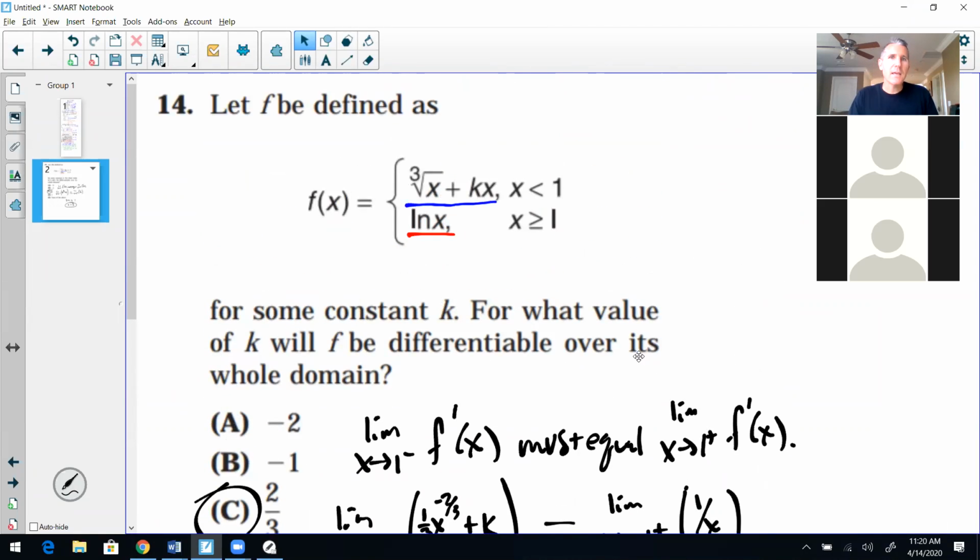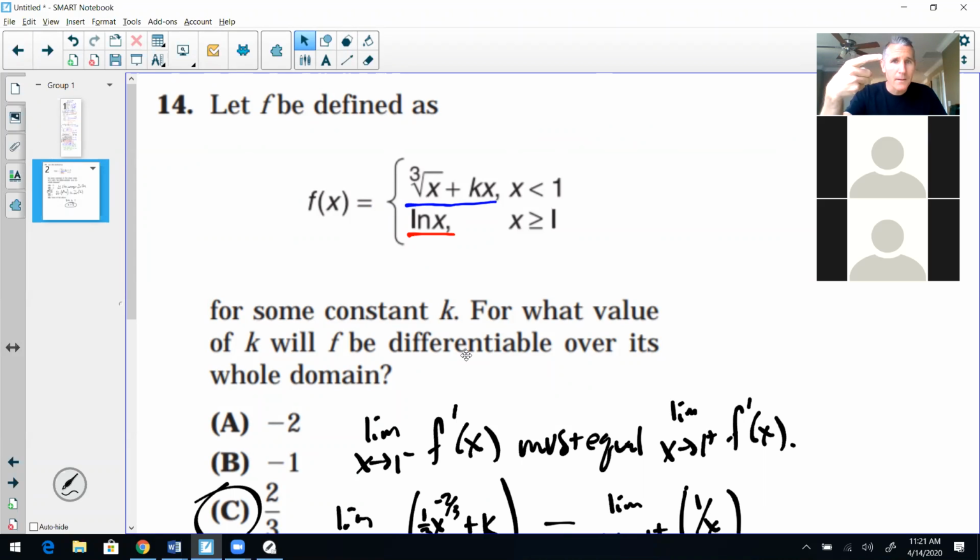I spoke too soon. In order for f to be differentiable, two things have to be true, right? It has to be continuous. Think about when a function is not differentiable. There are three things that make a function not differentiable.